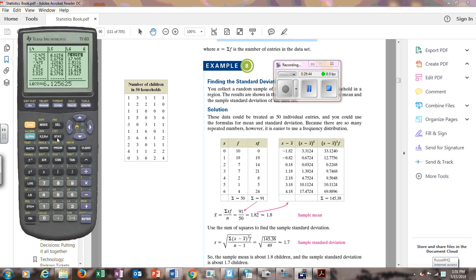And then we do stat, calc, one var stats of L6. You look at what your sum is, which would be 59.975, and then you divide that by 40 as well. Or you divide it by 40 minus 1, so 39.